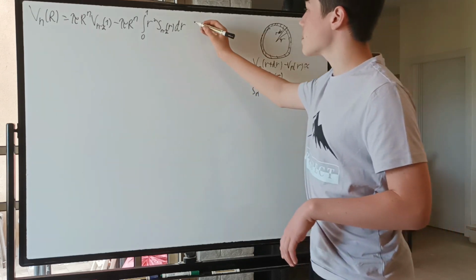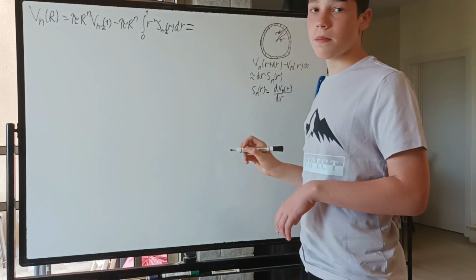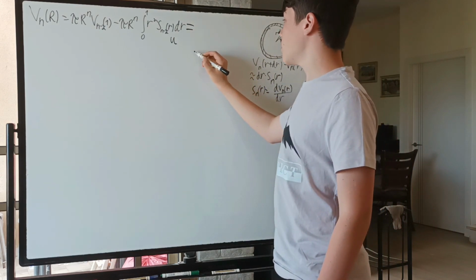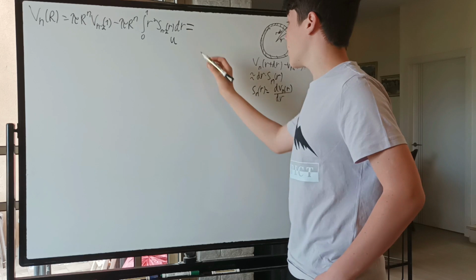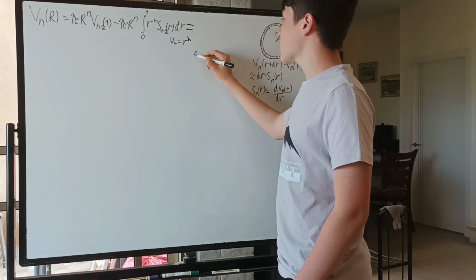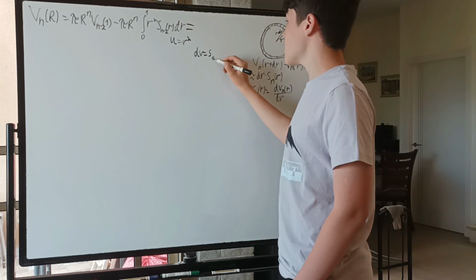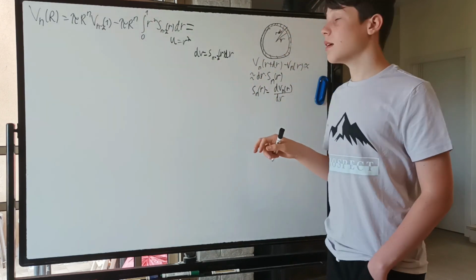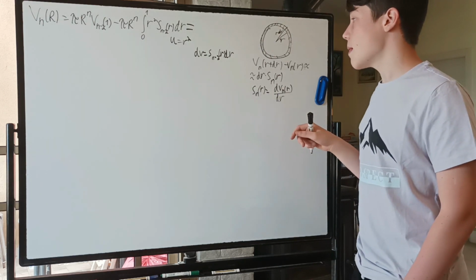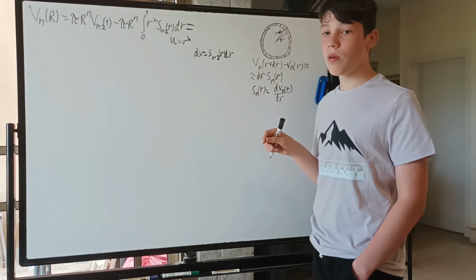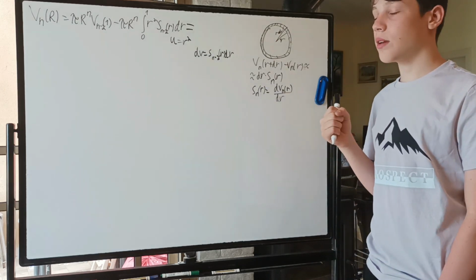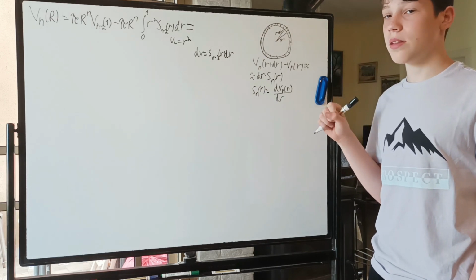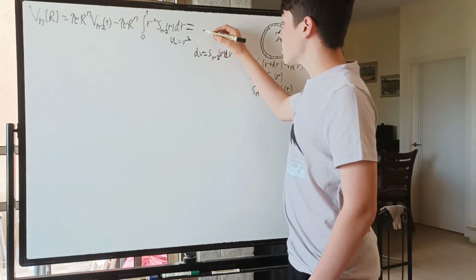So now let's use this here. We're going to do integration by parts. Let's pick u to be r squared. dv is S_{n-2}(r) dr. And I'm picking it like so because I do want to integrate S_{n-2}(r) to get V_{n-2}(r), so I can get a reduction formula with just V_n's, no S_n's.